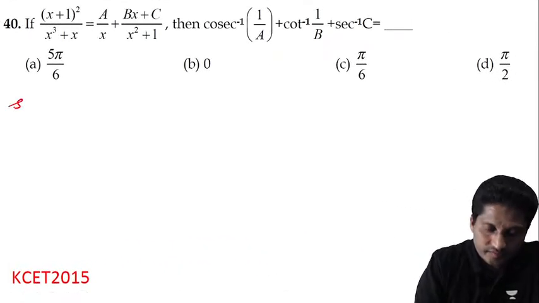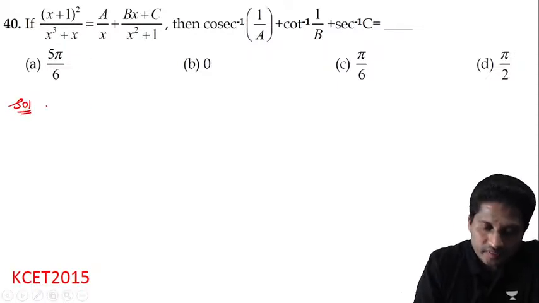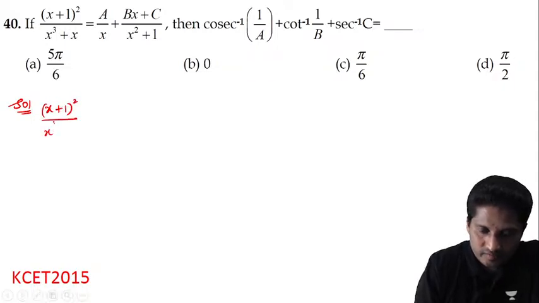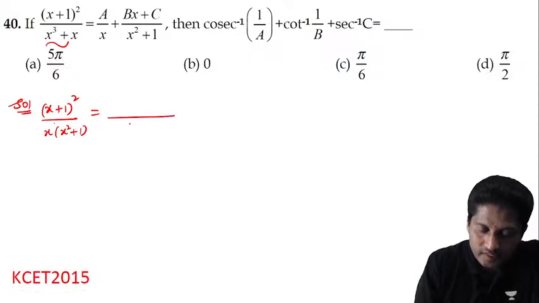Okay, now listen. To multiply by, this is x plus 1 the whole square, right? Divided by x cube plus x. Right, take x common here. This is x square plus 1 whole square. LCM is x into x square plus 1.